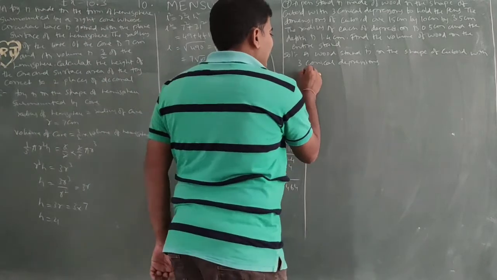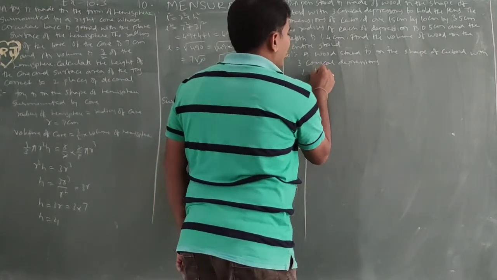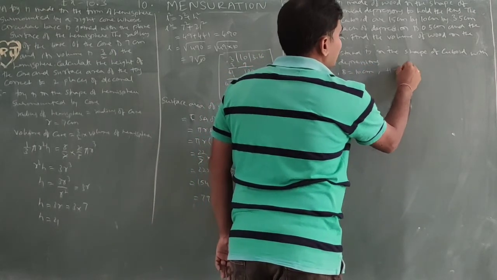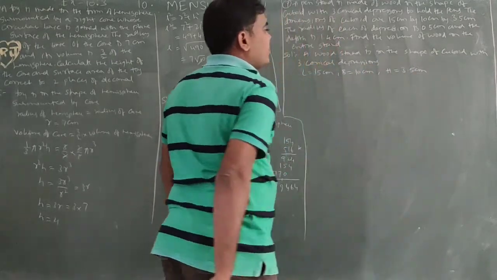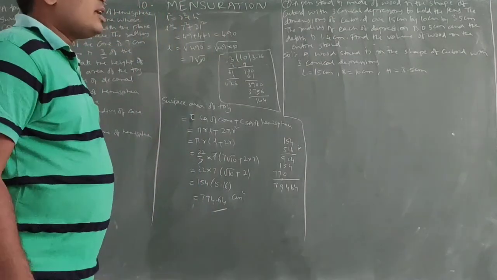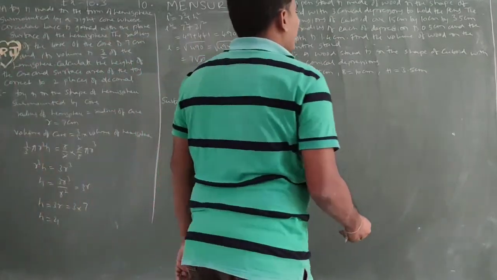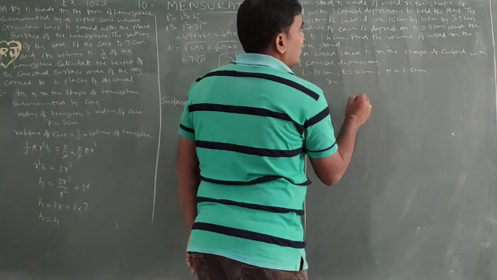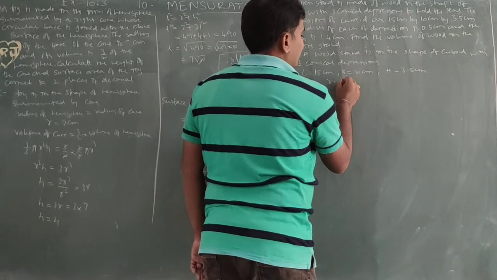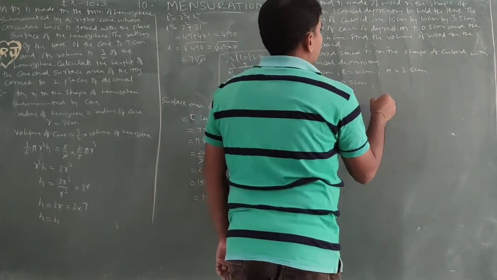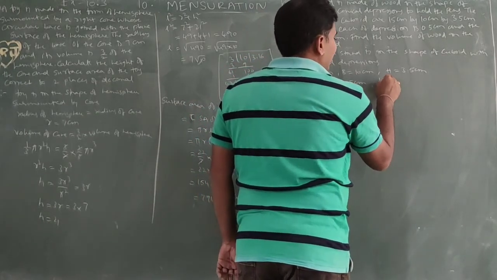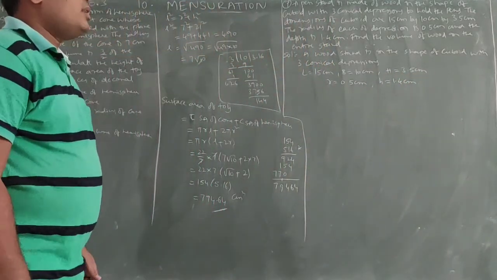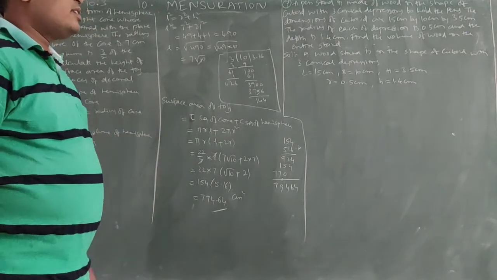Length l equal to 15 centimeters, breadth b equal to 10 centimeters, height h equal to 3.5 centimeters. For the conical depressions, the radius given is 0.5 centimeters. Next, the depth is nothing but the height, 1.4 centimeters. So depth and radius are given.